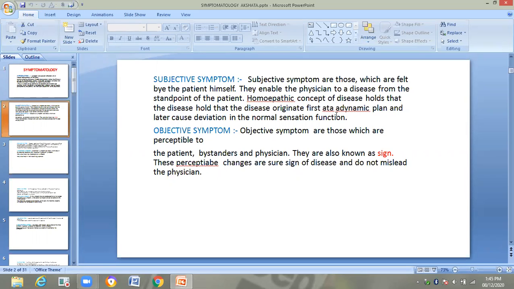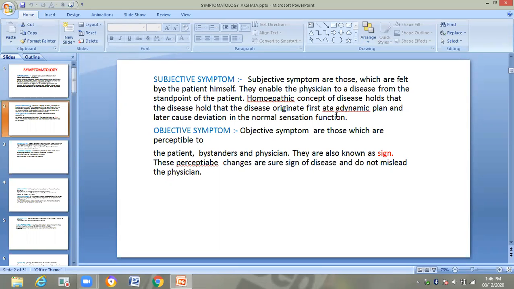So according to Dr. Hahnemann, objective symptoms are nothing but the expression of the disease in sensation and function of the organism, which are observed by the physician as well as the bystanders, the relatives of the patient. Physical findings as well as laboratory findings also come under this heading.